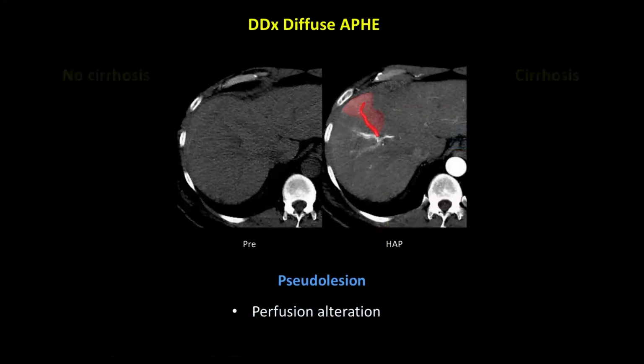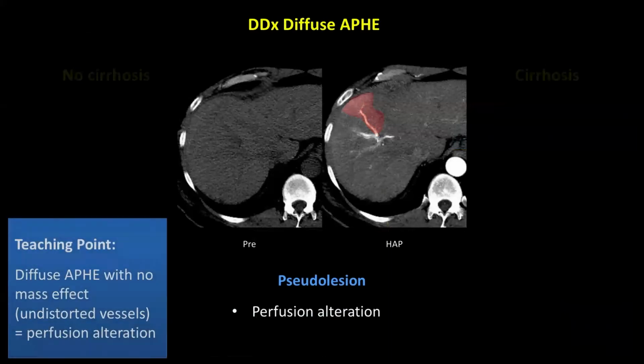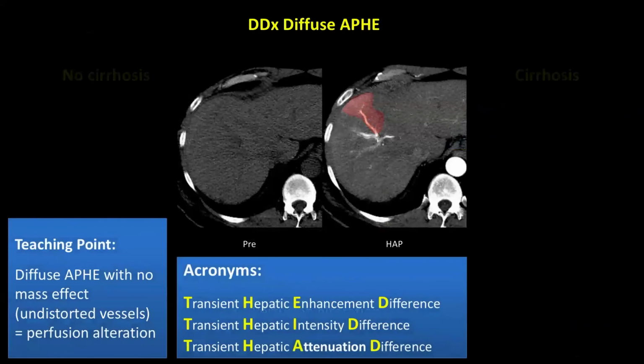No self-respecting mass would allow a blood vessel to just go right through it undisturbed. So the fact that this blood vessel is undistorted, undisturbed, tells us that this is not a mass. This is just an area where the blood flow to the liver is altered, a so-called perfusion alteration. So teaching point, diffuse APHE with no mass effect, in other words, undistorted vessels, think perfusion alteration.